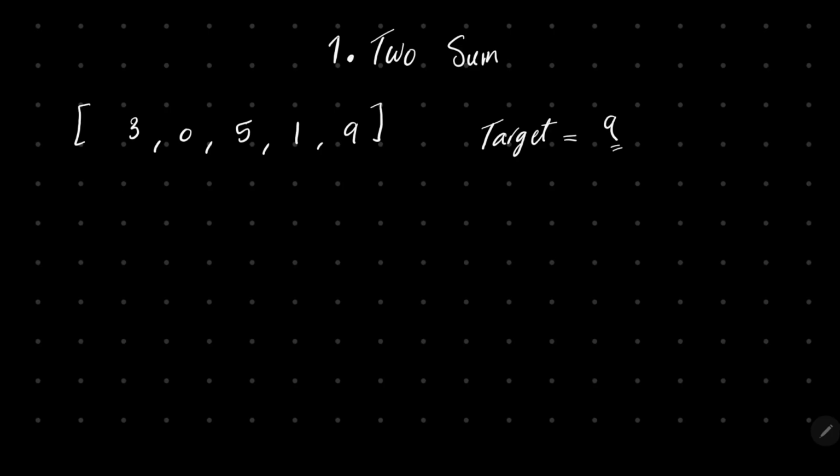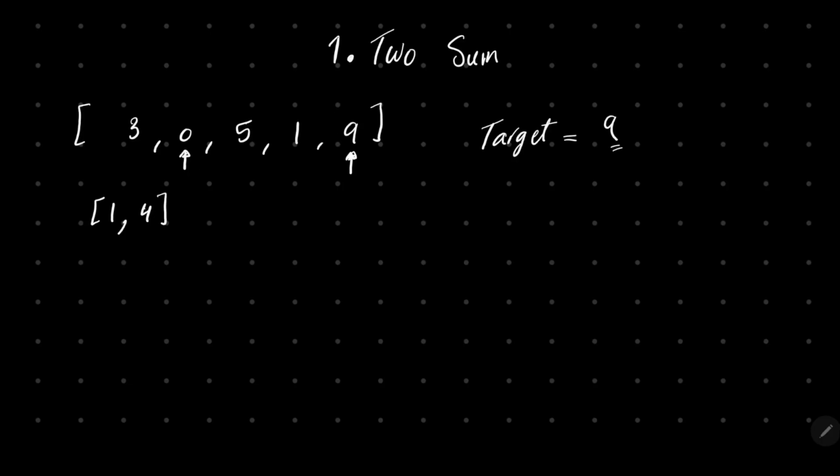So, for example, if you look at that list, I need two numbers to add up to 9, and in that case, I can see I have 0 plus 9. That gives me 9, so that checks out. So in that case, what is the answer? The answer will be index 1 and index 4.